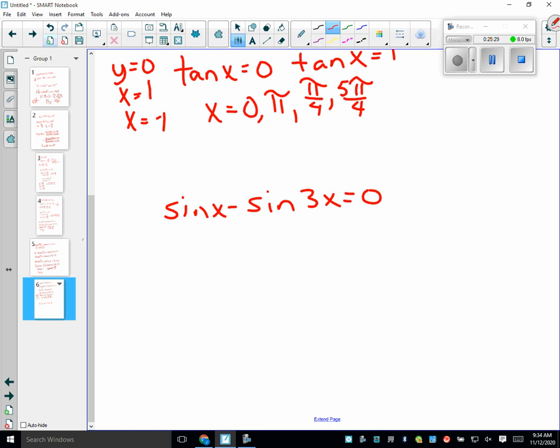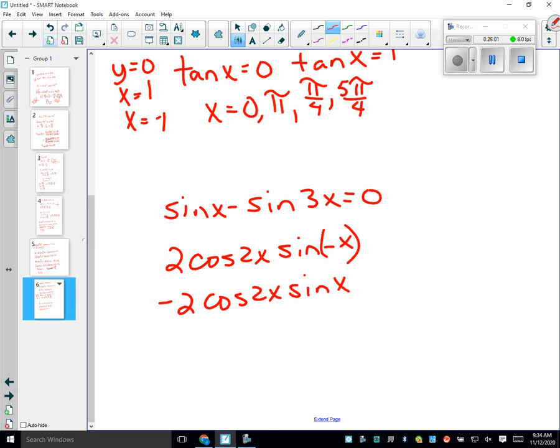So what would the sum-to-product be? 2 cosine 2x sine negative x. Right? So is this negative 2 cosine 2x sine x?